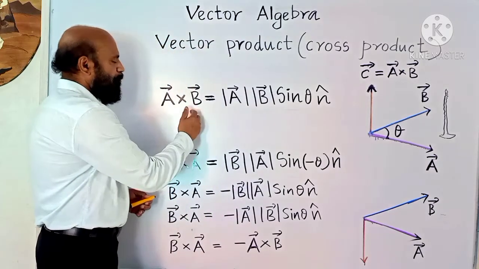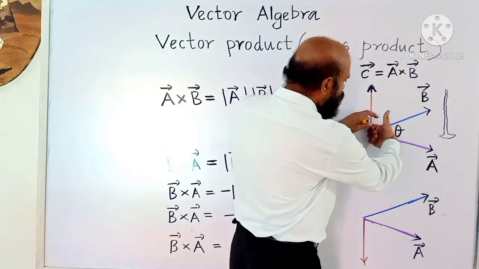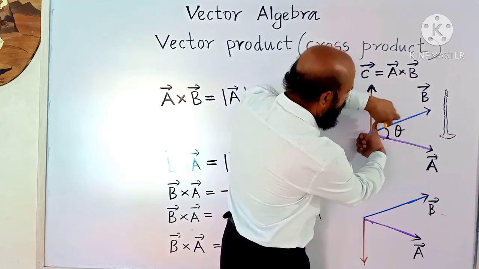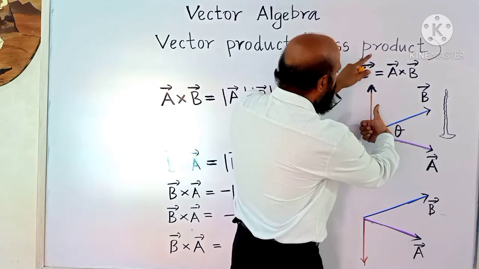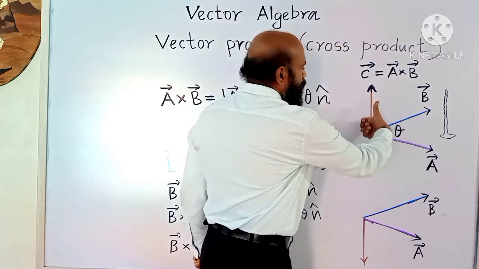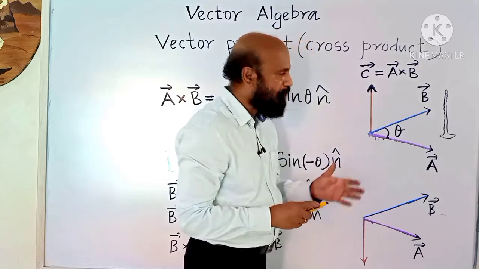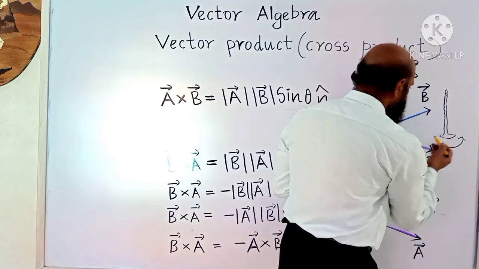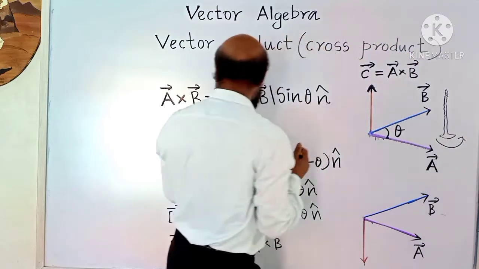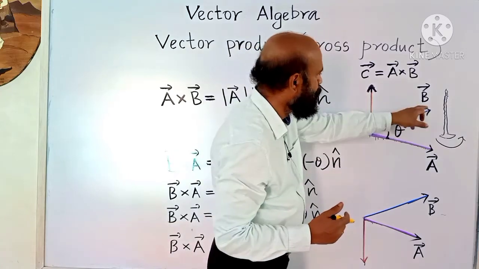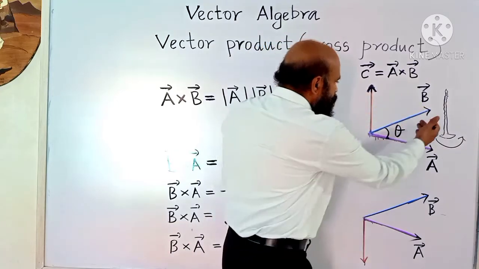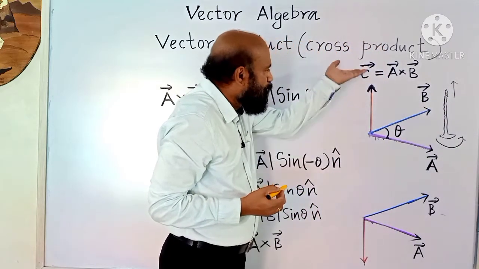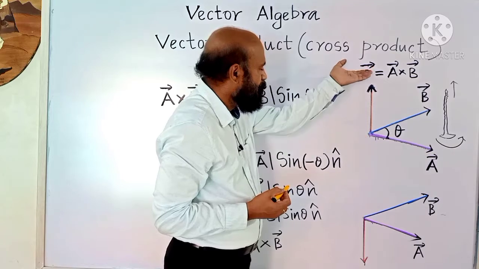A cross B: if the fingers of your right hand are in the direction of the rotation, A to B, the thumb will give you the direction of A cross B. Or imagine you are rotating a right-handed screw, the same A to B. The tip of the screw will advance in this direction, so A cross B is also in the same direction.